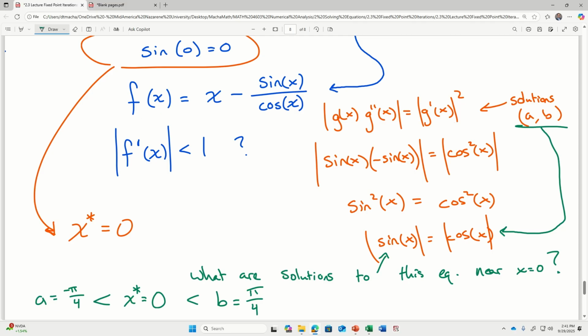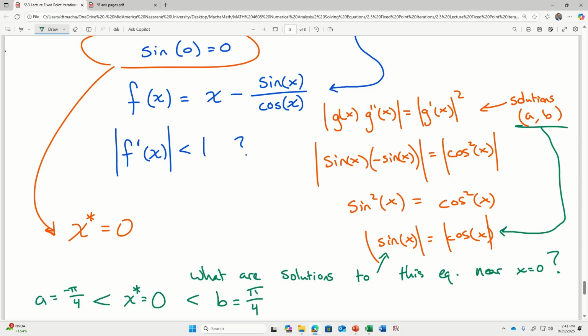So there's an interval from negative pi over 4 to positive pi over 4 where the derivative of the Newton map has an absolute value less than 1. Okay. And this time they're actually equidistant from my fixed point. So I don't have to find the one that has a minimum distance from my fixed point just because it's symmetric already.